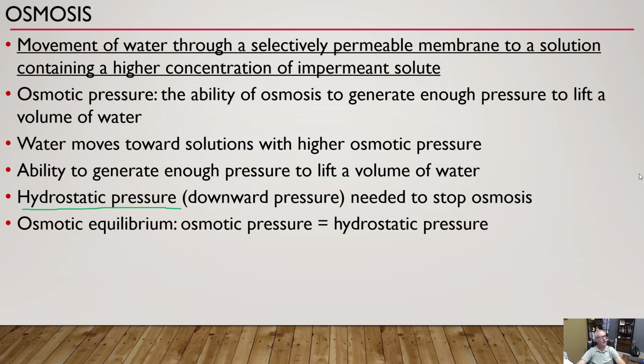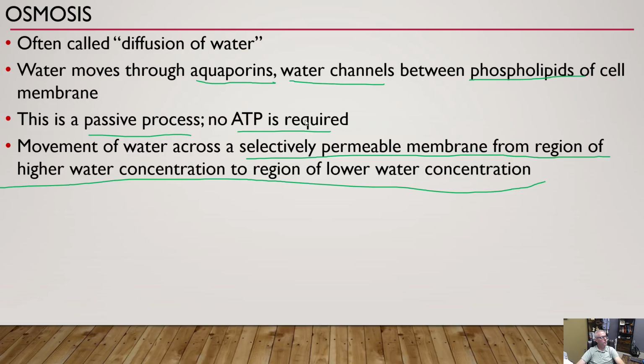All right, now osmosis. We already know that osmosis is the movement of water through a selectively permeable membrane. Up here, we talked about osmosis as the movement of water from a region of higher water concentration to a region of lower water concentration.